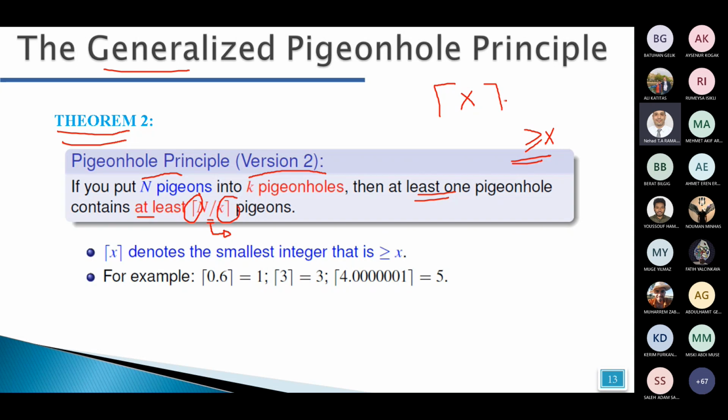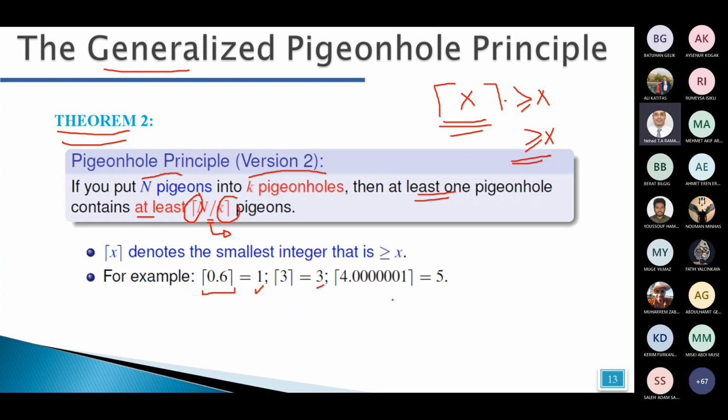This is the result. For example, if we have 0.6, then the result of this operation is 1.